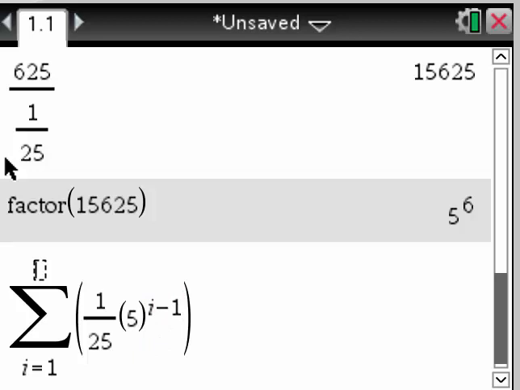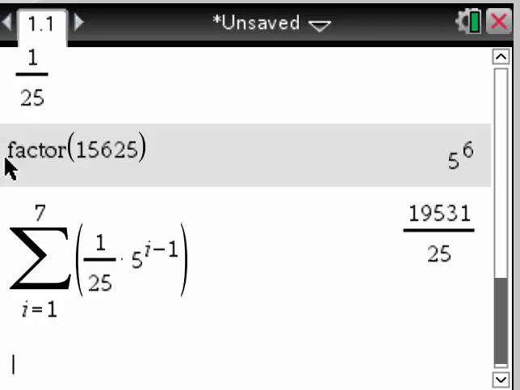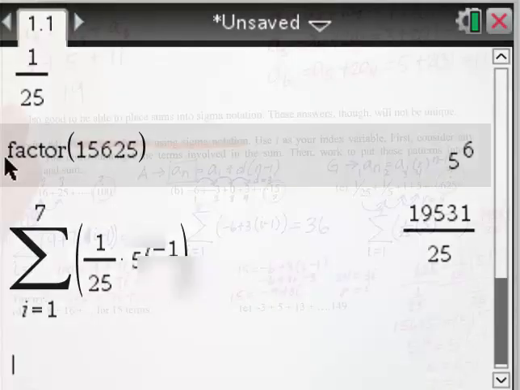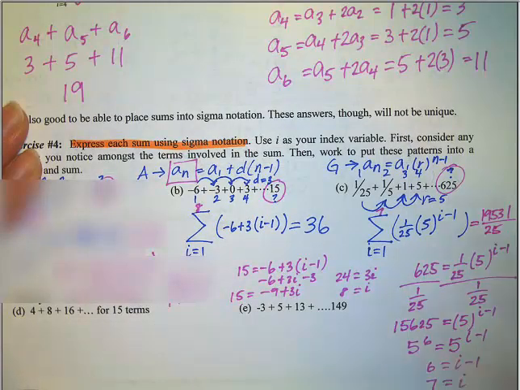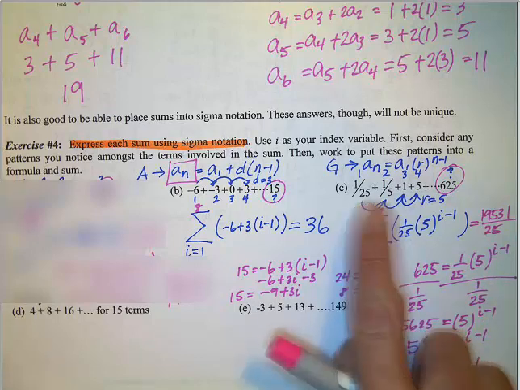And on top I have 7. So I'm going from the first term to the 7th term, and I have this geometric expression. My answer is 19,531 over 25. So it is a fraction. There's nothing wrong with a fractional answer, because look, I was adding fractions to start with.